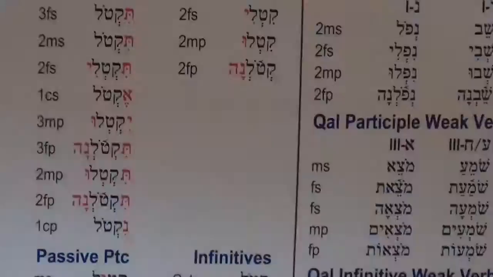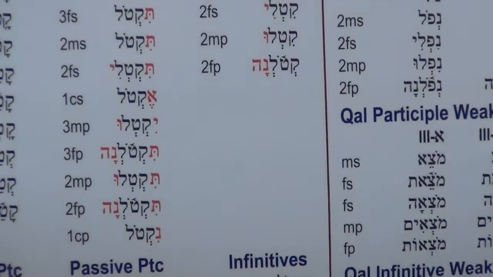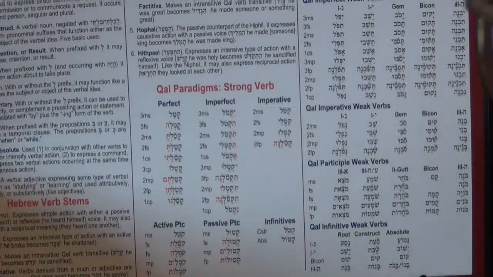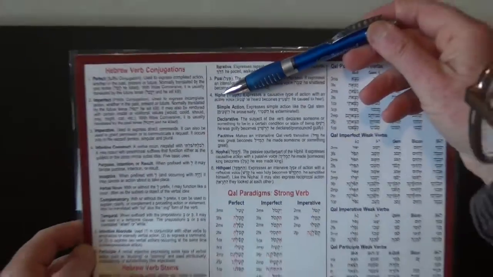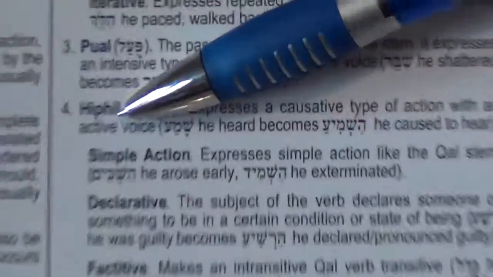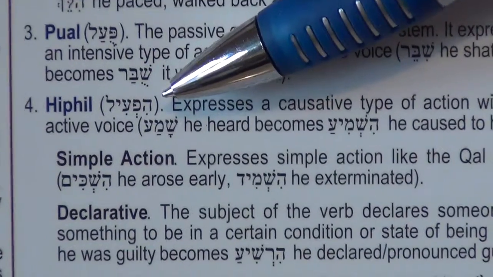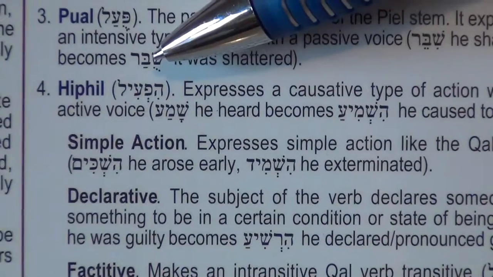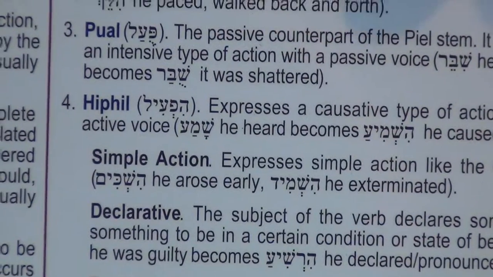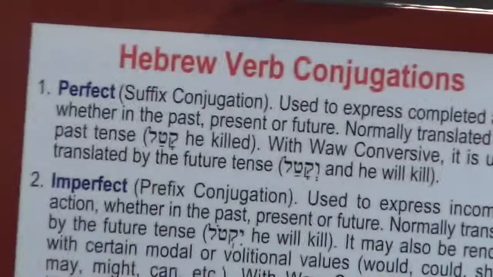Now all this inside here is about the verbs, and in the last lesson we talked about the hifil, and that's characterized by putting an H there and an E there, so we see that. Oh, and we talked about the perfect and the imperfect.